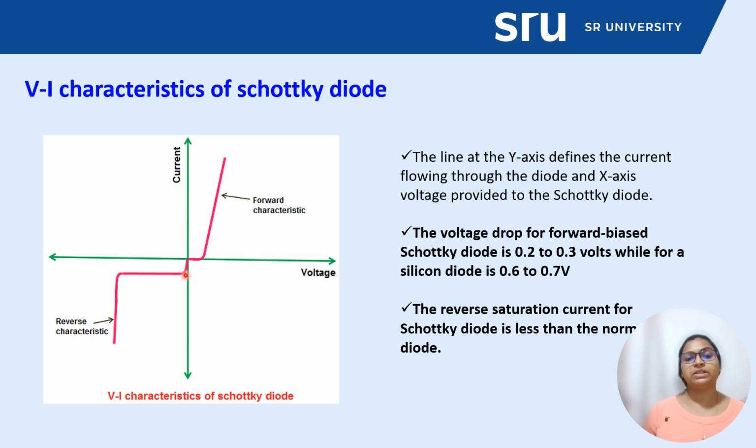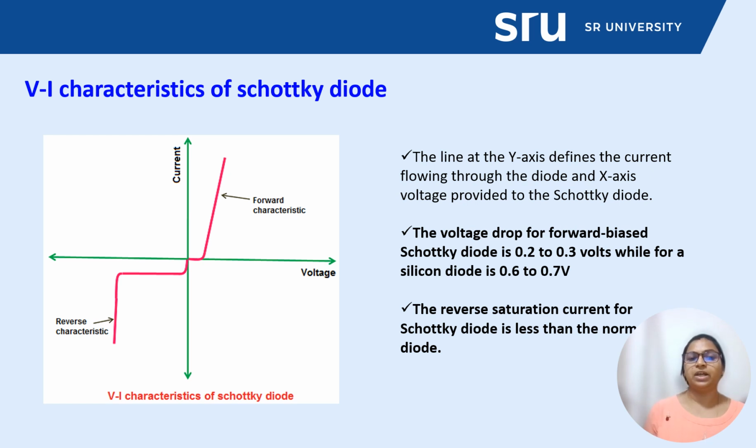And we see from this IV characteristics and the forward and reverse bias concept that the reverse breakdown voltage of the Schottky diode is very small as compared to the PN junction diode.